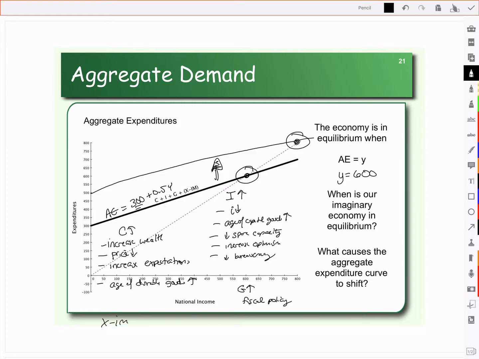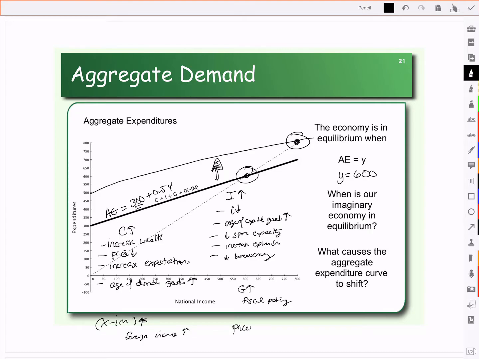So when we talk about aggregate expenditures increasing, we're looking at what would make autonomous net exports go up. So what would increase autonomous net exports? Well, if foreign income went up, that would increase exports and thereby increase net exports, which would increase autonomous expenditures.